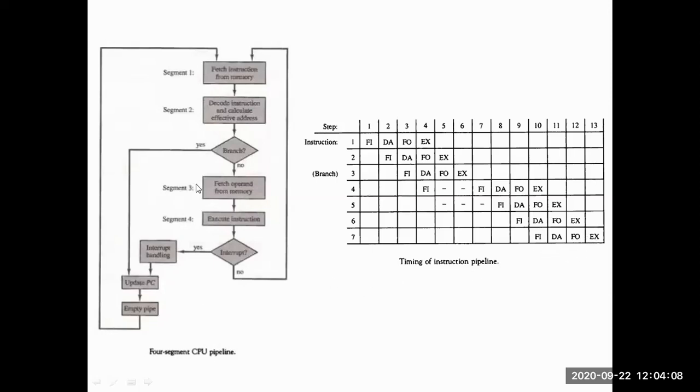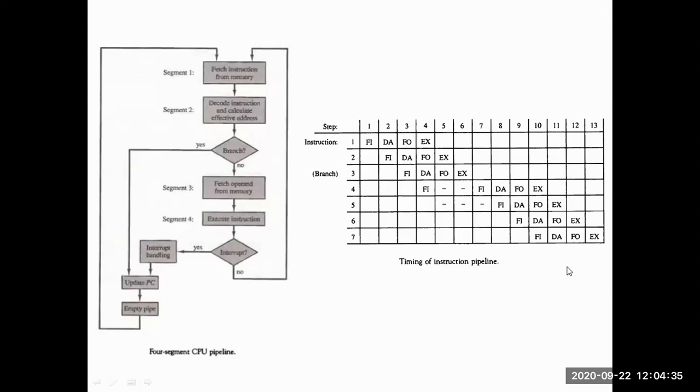And that is what this diagram is also telling us, that whenever there is a branch or an interrupt, pipe needs to be emptied. Because of emptying of the pipe, there obviously will be a loss of clock cycles. So in this example, clearly we are going to 13 clock cycles instead of 10 because of a single branch there at instruction 3.